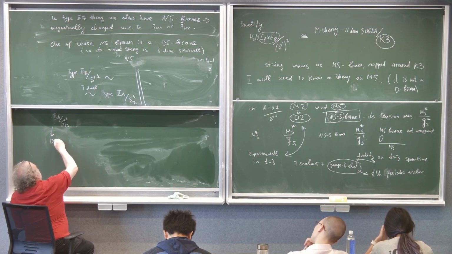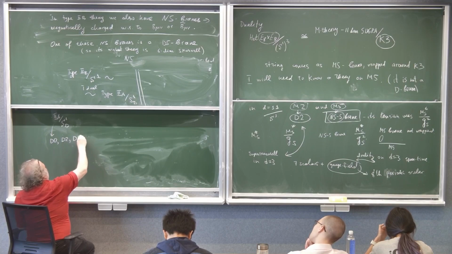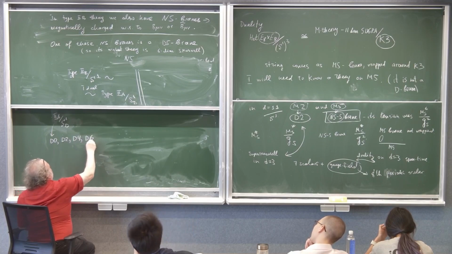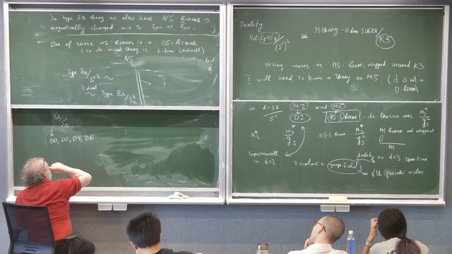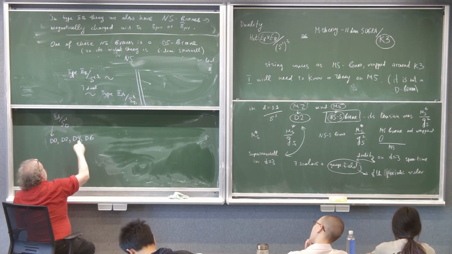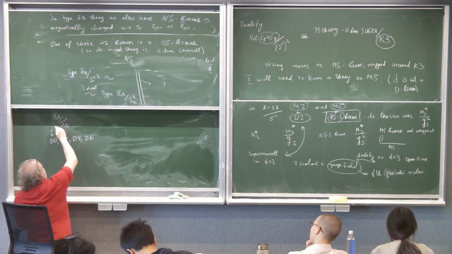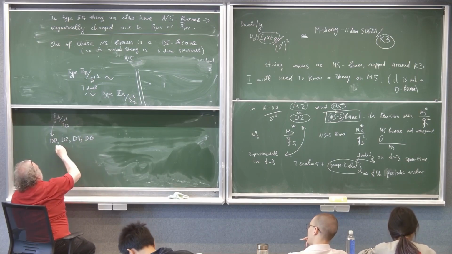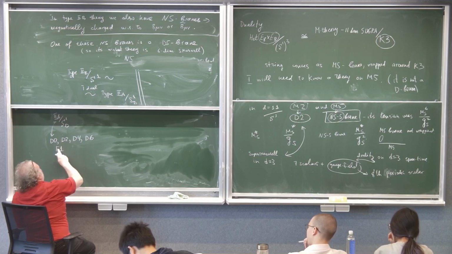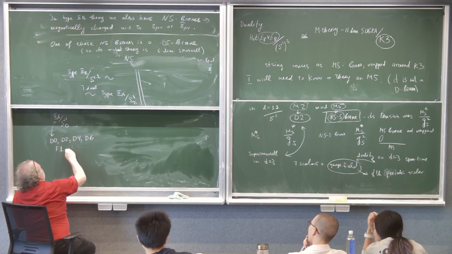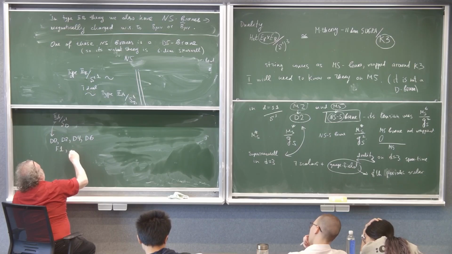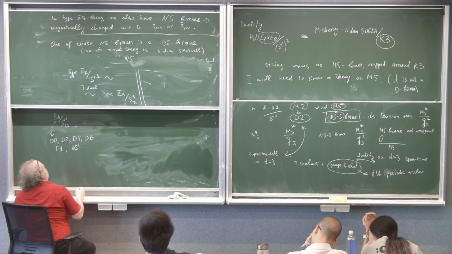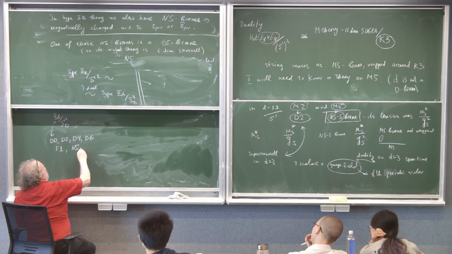I had so-called D0, D2, D4, D6. So it's in type 2A before compactification. Also, I had a fundamental string that was F1, and I also had this mysterious NS brane of type A.